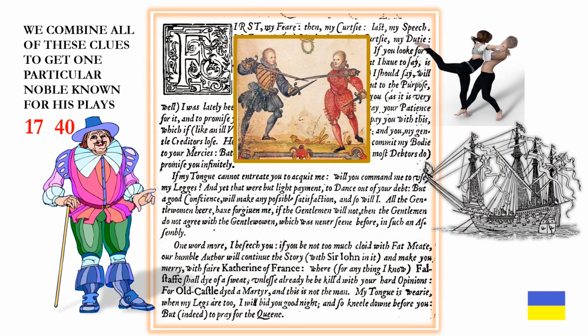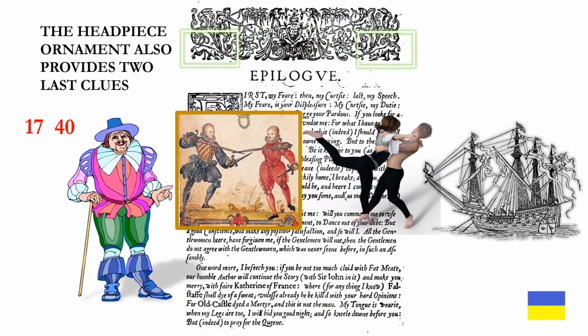We combine all of these clues to get one particular noble known for his plays. The clues are made lame in a street fight, was once a dancer, an ill venture, and the numbers 17 and 40. The headpiece ornament above the epilogue also provides two last clues.